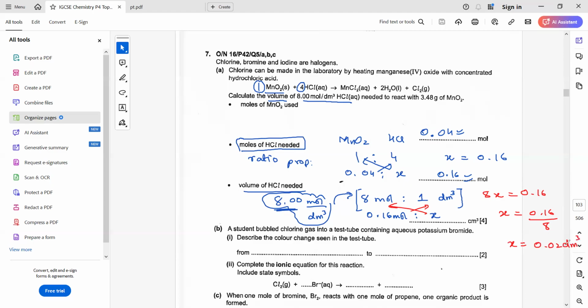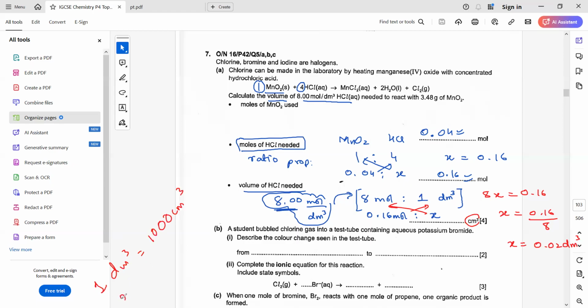Do you get this? Now, the question asks me volume in cubic centimeters. Do we have a formula that relates cubic decimeter with cubic centimeter? I think we did that, right? That was 1 cubic decimeter contains 1,000 cubic centimeters.